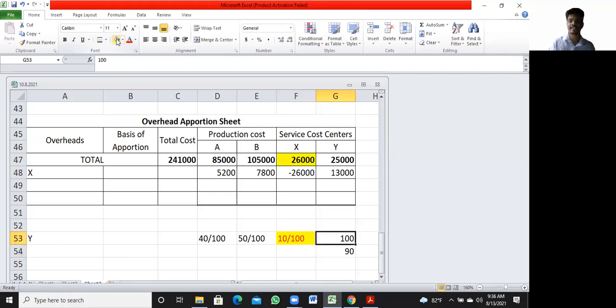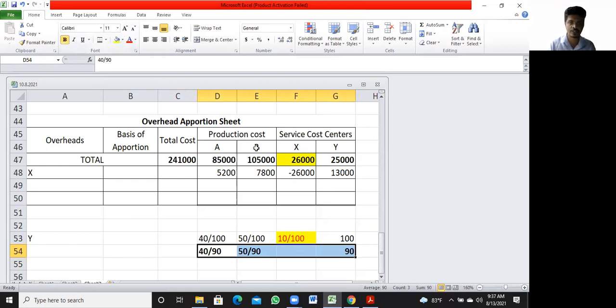Then the new ratio is 40 over 90 for A and 50 over 90 for B. This should be the new ratio to distribute service cost center Y's cost among production cost centers.